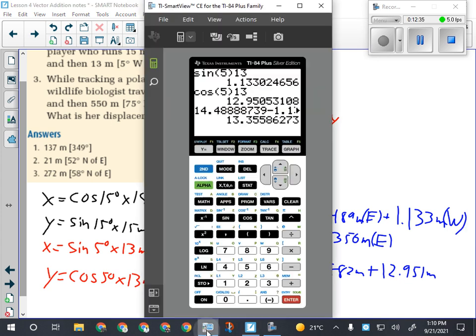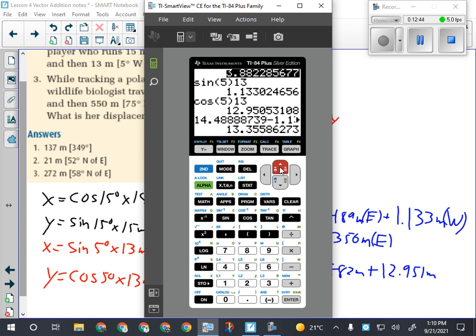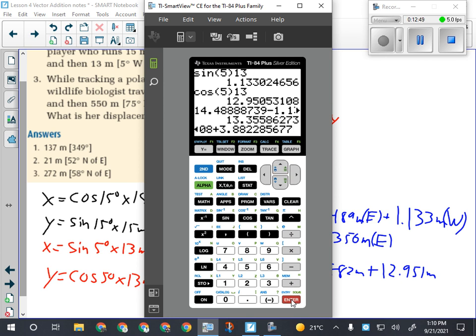Okay, and again, I want to use all my decimals, so I'm going back into here. That one plus that one, right? All right, so in total, we go 16.833 meters north.